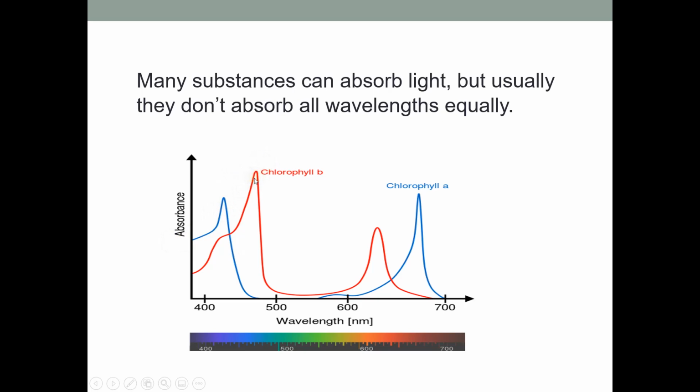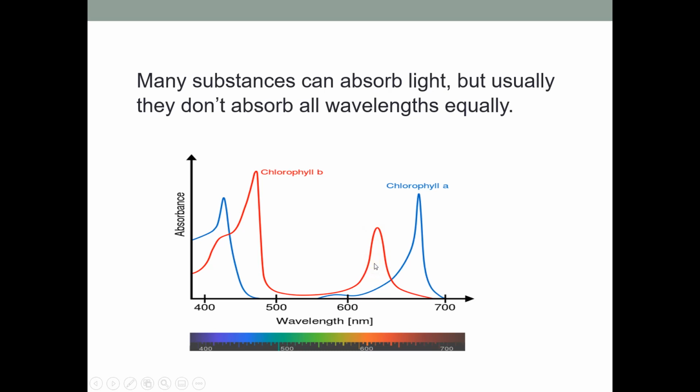Chlorophyll B, on the other hand, is a very similar molecule to chlorophyll A, just slightly different, and that difference means that only photons of different wavelengths can excite it. So it absorbs very well at a different blue, at about 470 to 480, much better than chlorophyll A does. It also absorbs down here in the orangey range as well.